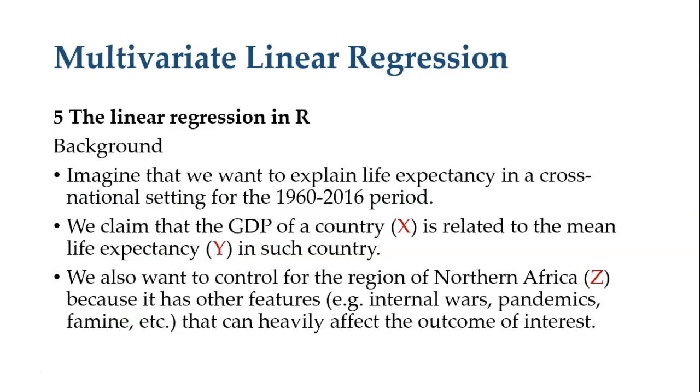We want to explain life expectancy in a cross-national setting for the period from 1960 to 2016. And we claim that the GDP of a country is related to the mean life expectancy in such a country. And we want to control for countries from Northern Africa because these countries experience huge problems that can decrease the life expectancy.